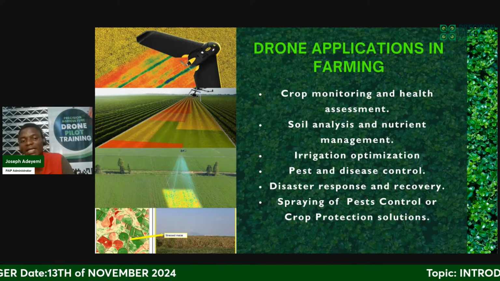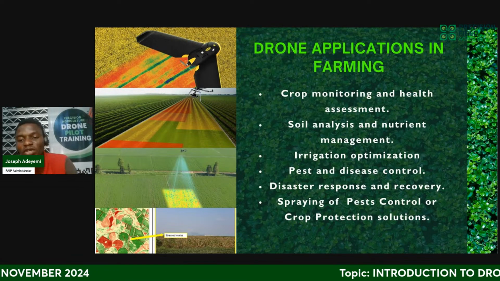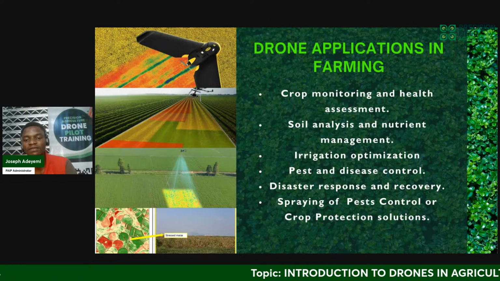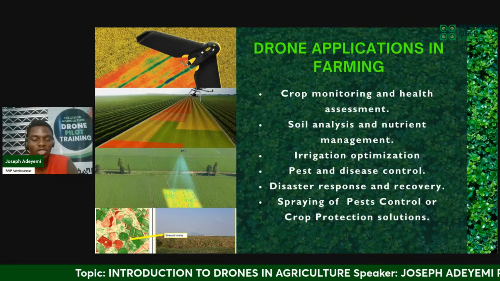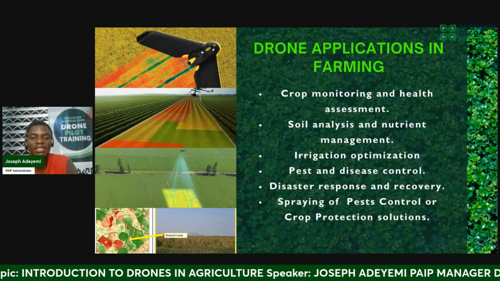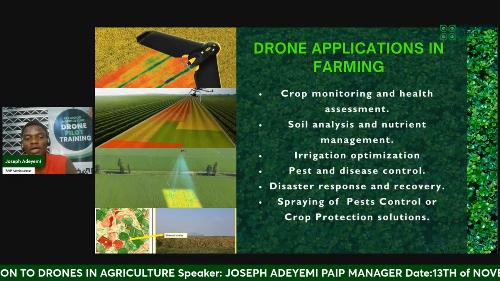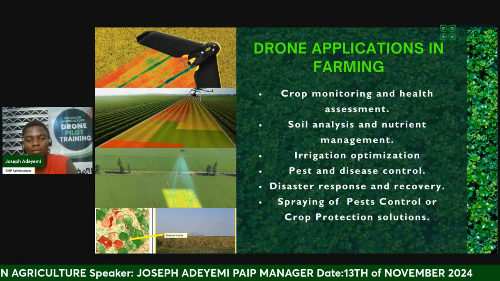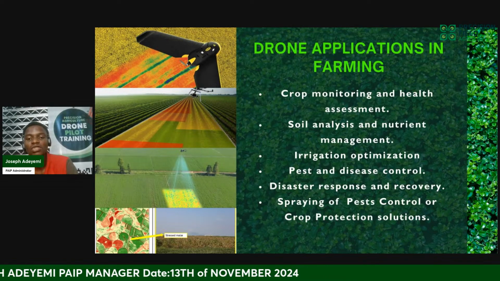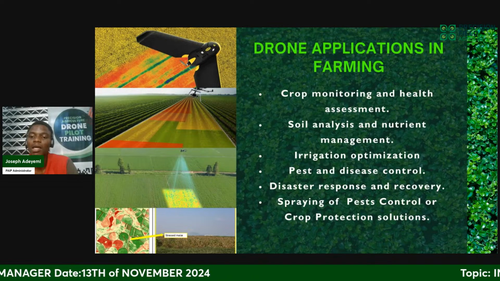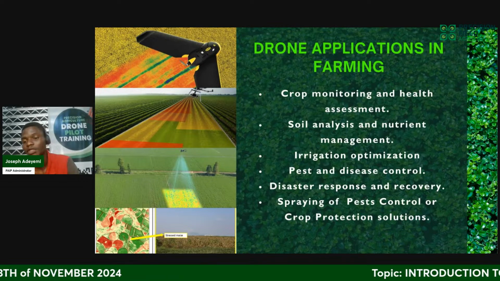Yes, we are going to talk about that. So spraying, that is when you collect the data, you understand what you have here. So helping you understand the pain will also help you to coordinate your approach or the way you respond to it. So now you need to spray crop protection solution.